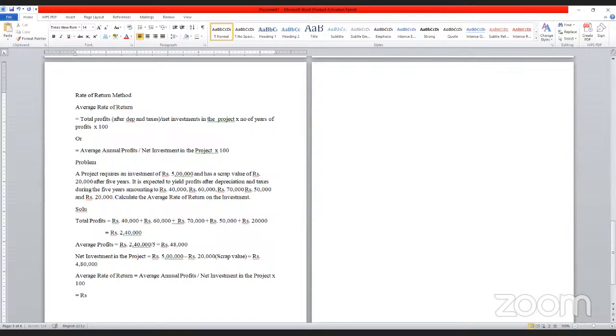So that will be rupees 48,000 divided by net investment value rupees 4 lakhs 80,000 into 100. How much you will get? You will get 10%. That is average rate of return.